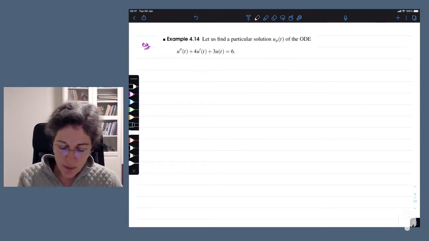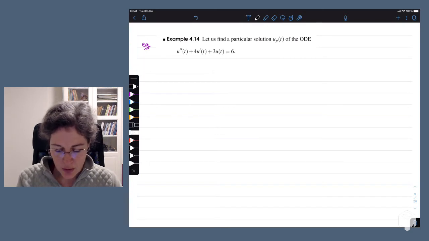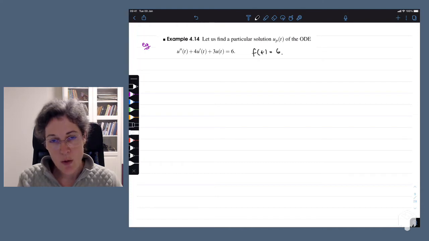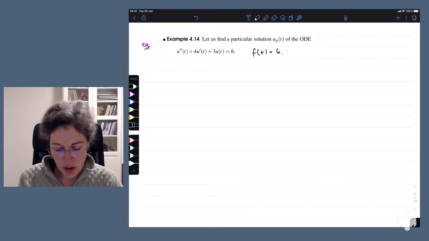Okay, so we want to find a particular solution to our differential equation, and our f of t here is equal to 6. So we're going to try a solution of the form u equals a.